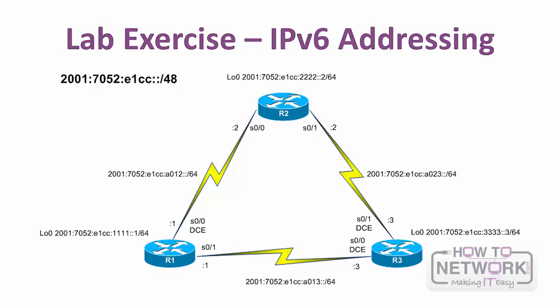This figure illustrates our IPv6 network. These first three hextets identify the global routing prefix, or IPv6 addresses, that have been received from the provider.